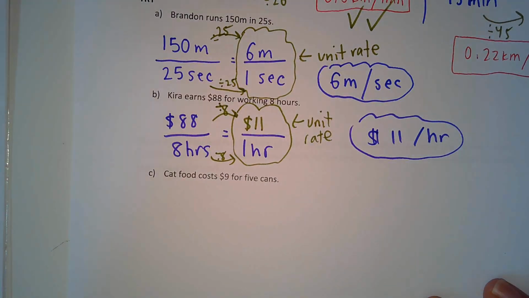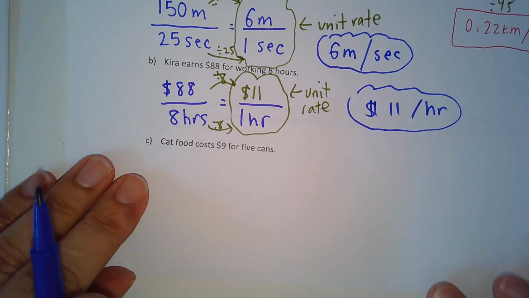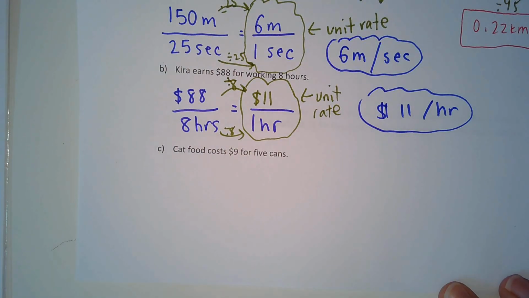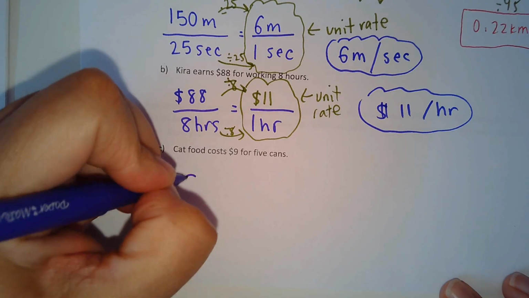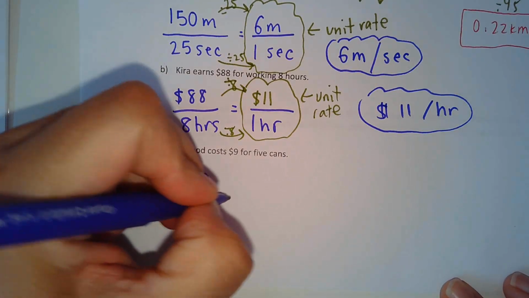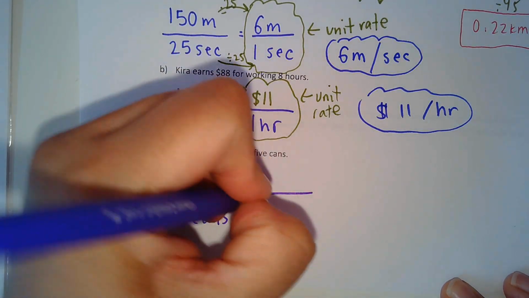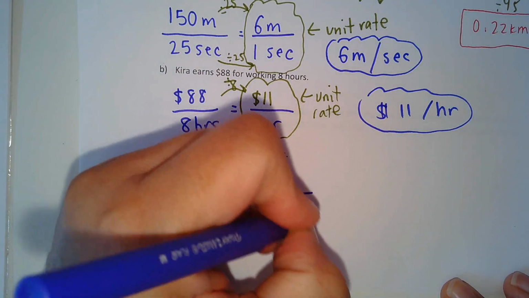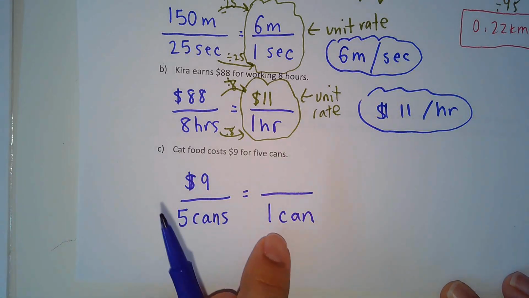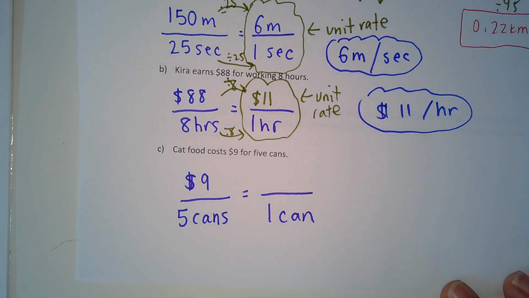And example 3, cat food costs $9 for 5 cans. So money always goes on top. So we know that we have $9 for 5 cans. What is the price per 1 can? So notice with the unit rates, the bottom number is always supposed to be 1.